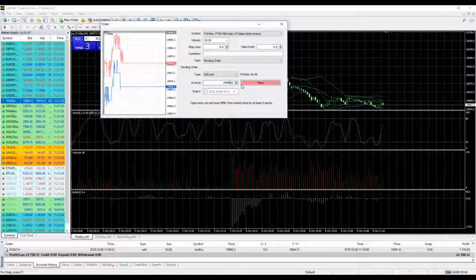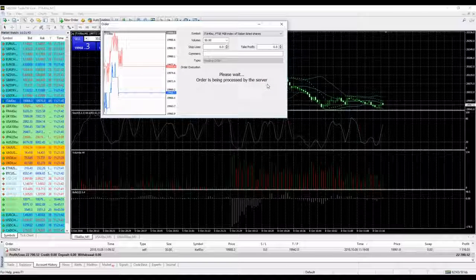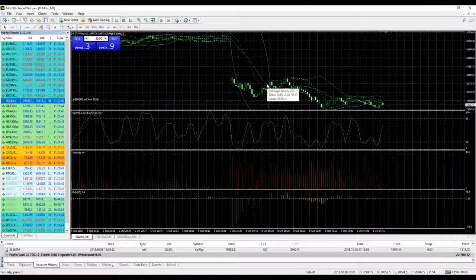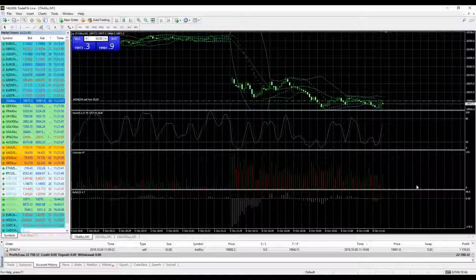Okay, I will sell again at 19,988. This is my sell limit on Italy 40, and we will see if this trade gets triggered.